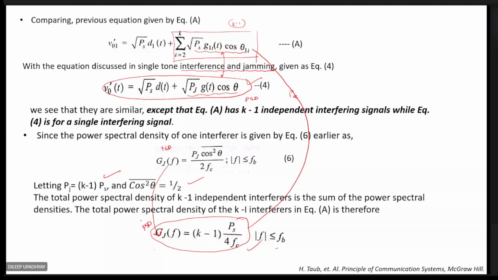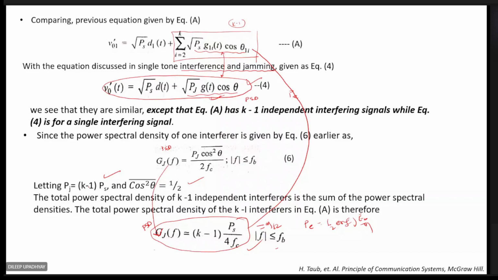Now we can use this power spectral density expression to calculate the probability of error, because we can equate it to eta by 2, calculate eta, and then use the probability of error as half complementary error function under root Eb by eta. Or we can directly use the probability of error we calculated for this particular case, and there we replace Pj by k minus 1 Ps.